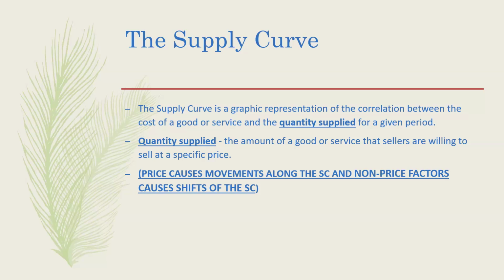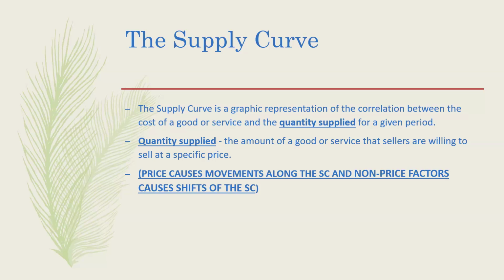You all, where did we hear this from again? We heard this just the other day, last week, when we spoke about demand, and we said how prices will cause movements along the demand curve. But non-price factors, like if my income increase, taste and preferences, advertising, all of these things are non-price factors.